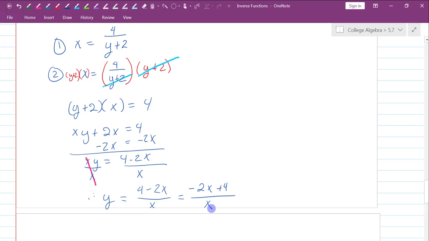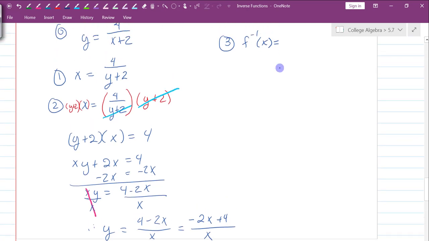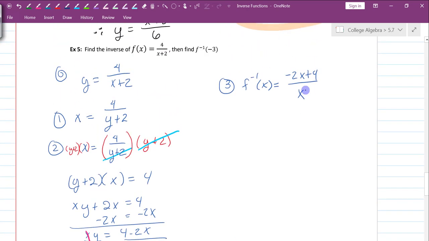Remember, I have to replace my y notation with the inverse notation. So I'll do that right up here, and I'll say step 3 is that f inverse of x is going to be equal to negative 2x plus 4 divided by x. I just want to make sure I got that down right. I did.